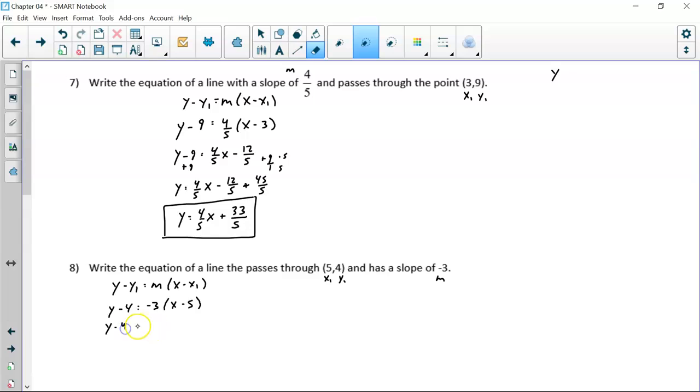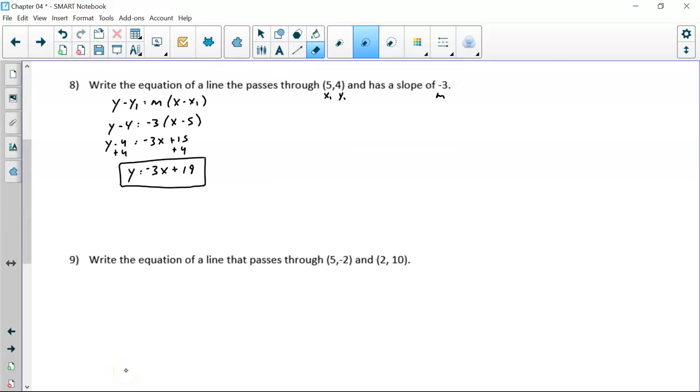Distribute the -3, we get -3x plus 15. And then we just add 4 to both sides. Y equals -3x plus 19. And we're done. I think it's a nice way that we don't have to go and solve for b and then substitute everything back in. It's all done for us.